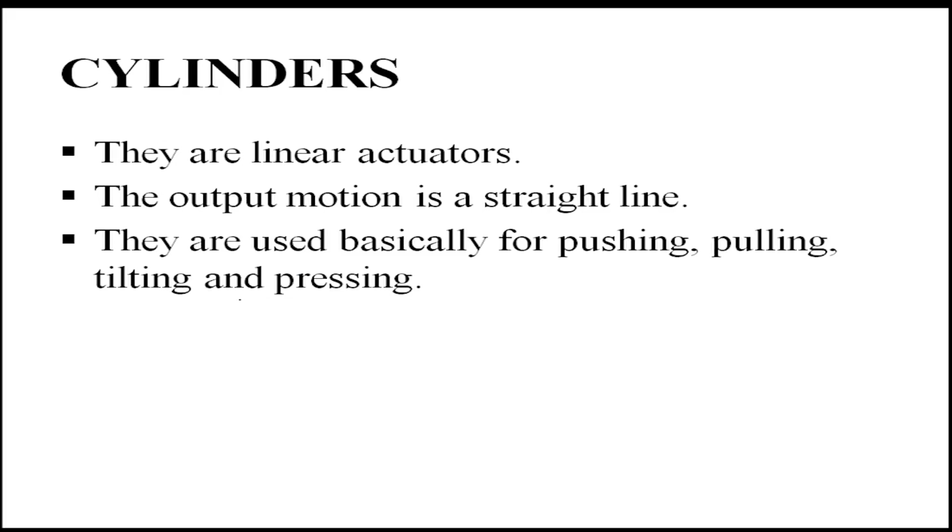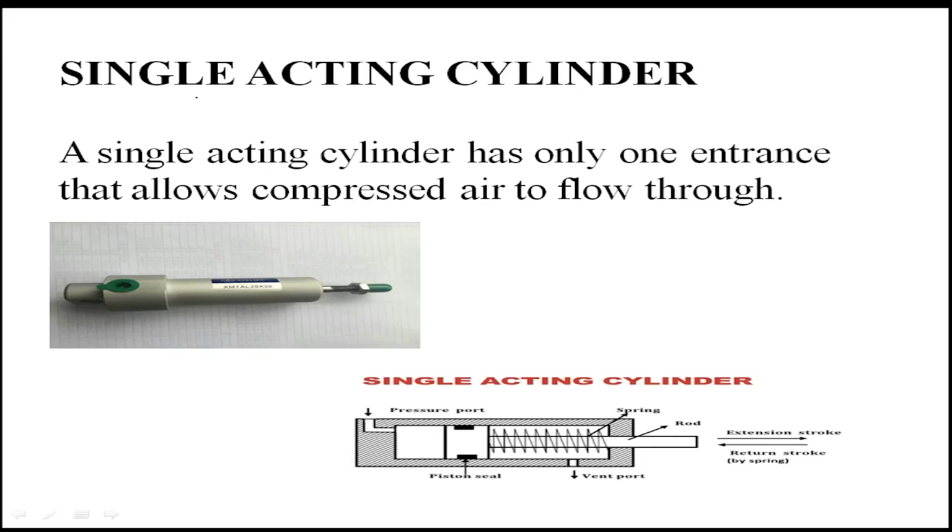Next one is cylinders. They are the linear actuators. The output motion is in a straight line, and they are basically used for pushing, pulling, tilting and pressing. In cylinders we have two types of cylinders. So one is single acting cylinder and the other one is double acting cylinder.